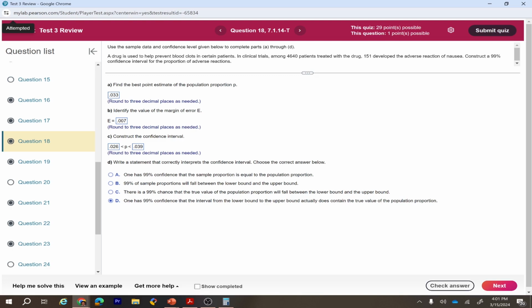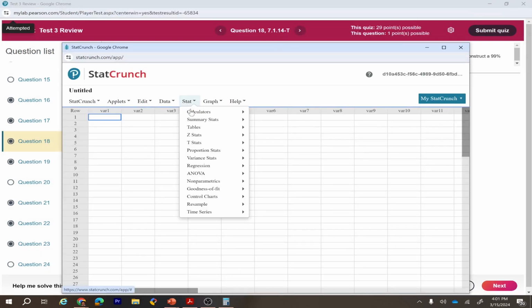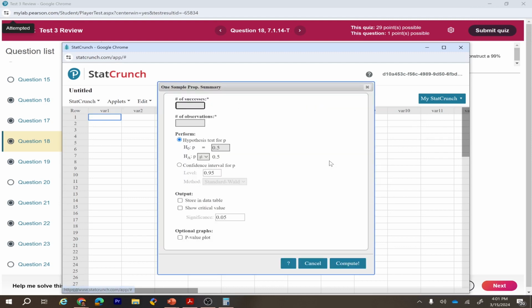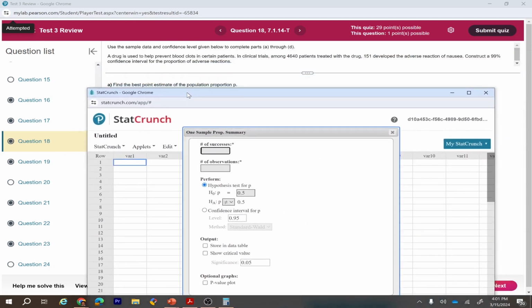These are the values you have been given, and to answer the question for 7.1, you have to go to StatCrunch, then go to the proportion stat, one sample with summary, and fill out this information. For this particular question, a drug is used to help prevent blood clots in certain patients in clinical trials.